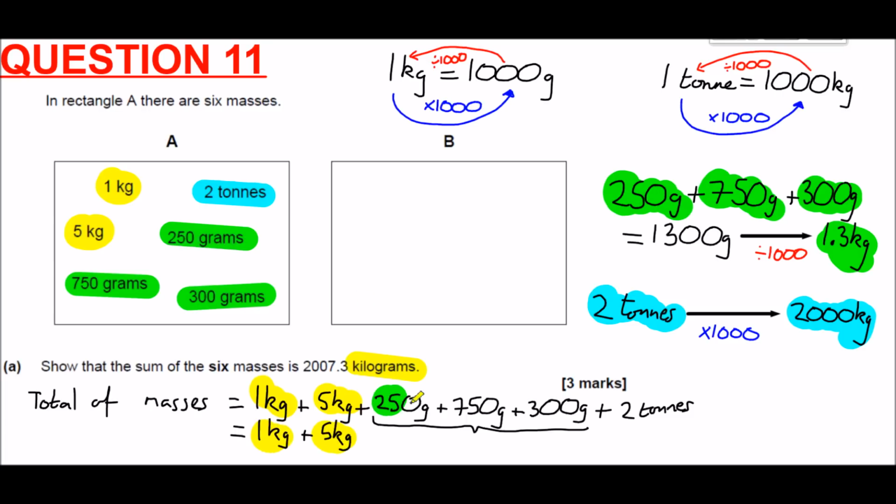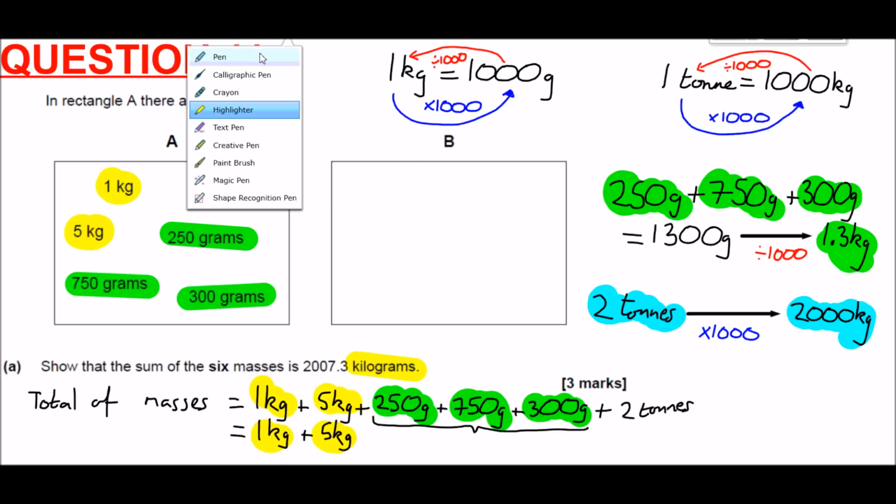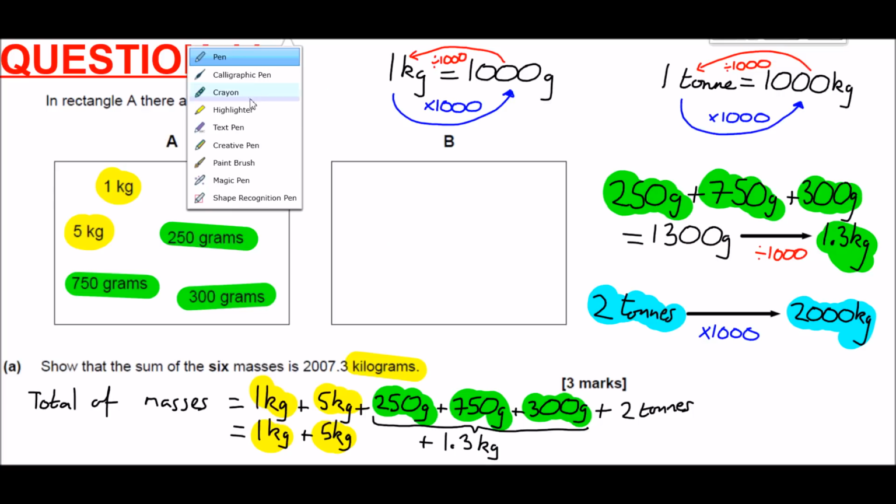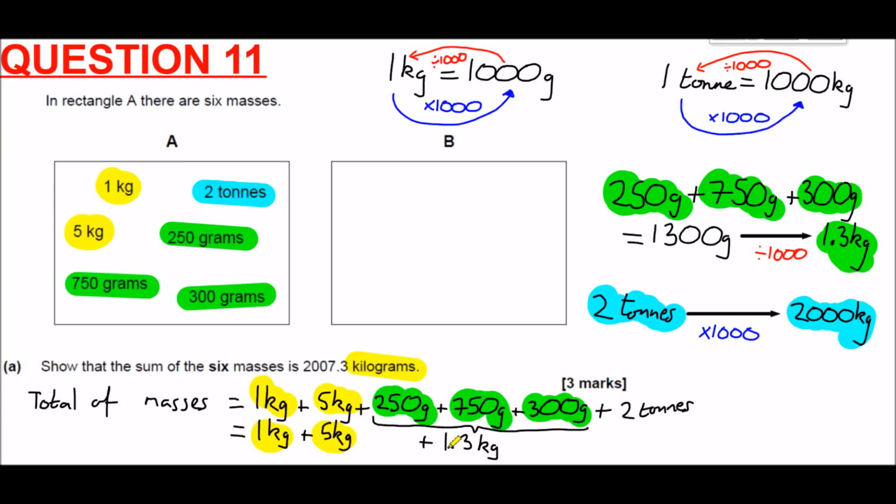These three here, we added together over here, and we showed that these come to a total of 1.3 kilograms. And finally, the 2 tons over here, we said was 2,000 kilograms.